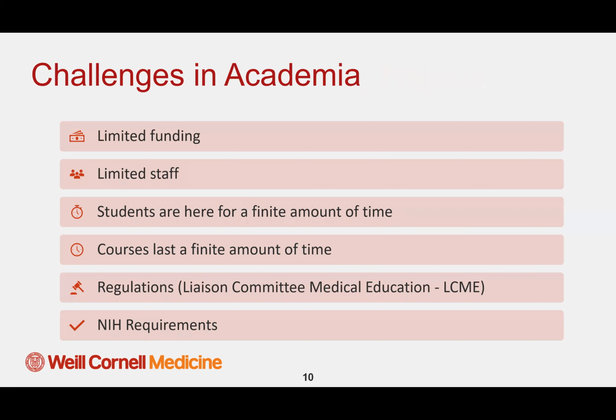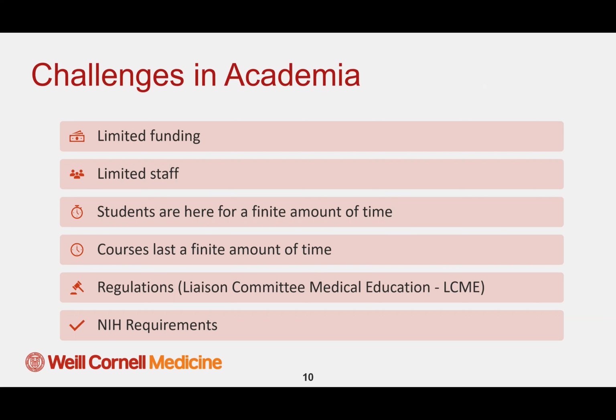Now, what makes managing projects or getting work done in academia so challenging? I think we can all agree that there's never enough funding, right? Similar with staff, we have so much to do, not enough hours in the day, not enough resources, and it can get very overwhelming. Another important part is that we are an academic institution, which means we have students here, and we have semesters or courses, and these all happen in a finite amount of time.